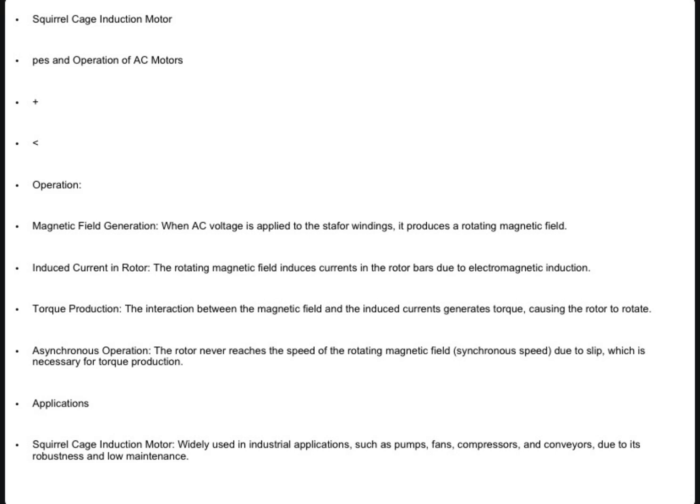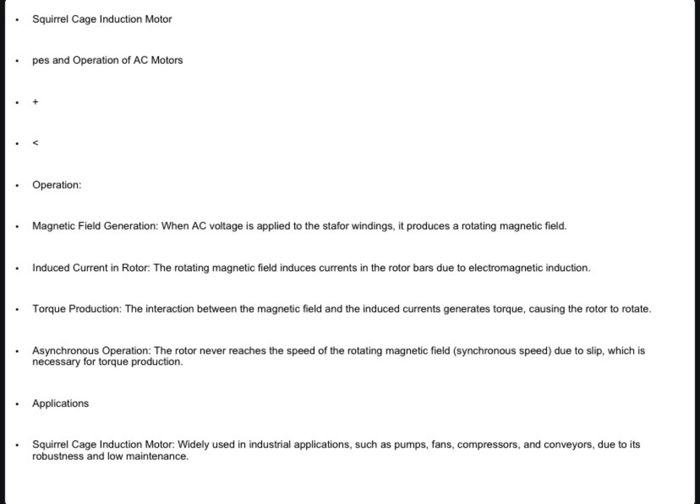Operation. Magnetic field generation. When AC voltage is applied to the stator windings, they produce a rotating magnetic field. Induced current in rotor. The rotating magnetic field induces current in the rotor bars due to electromagnetic induction. Torque production. The interaction between the magnetic field and the induced current generates torque, causing the rotor to rotate.